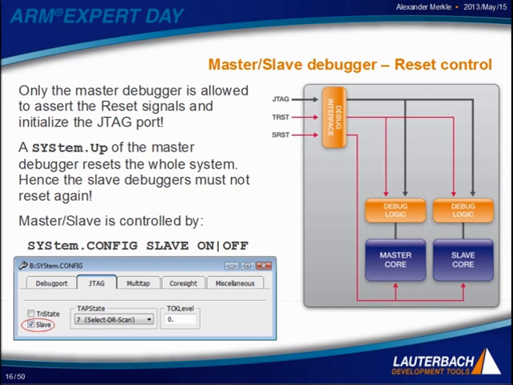So we need to know about this, and for this reason, we automatically configure or pre-configure the so-called slave bit. It's also shown down here, again, in the system config dialog. It's named slave. It's automatically configured, but if you want to change your configuration, you're also allowed to change this bit.